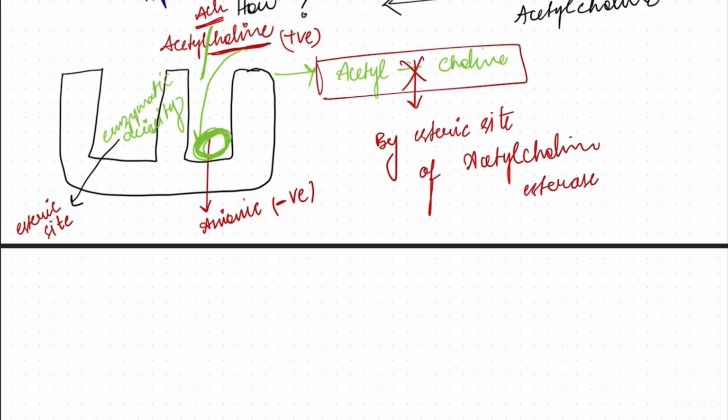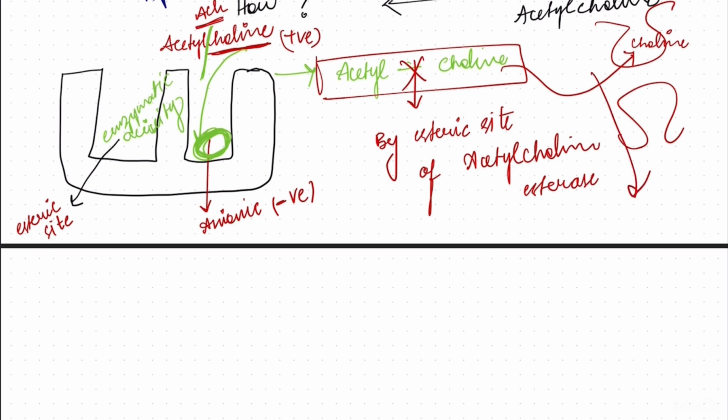In the synapse, choline is reuptaken by the presynaptic membrane. So it is the rate limiting step. This is how acetylcholine is metabolized.